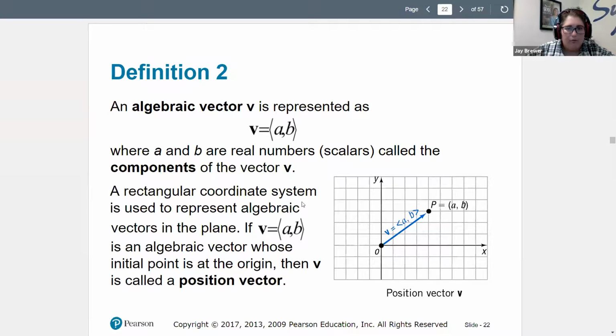A rectangular coordinate system is used to represent the algebraic vectors in the plane. If v equals (a, b) is an algebraic vector whose initial point is the origin, then v is called a position vector. You can see where the arrowheads are as opposed to the parentheses.